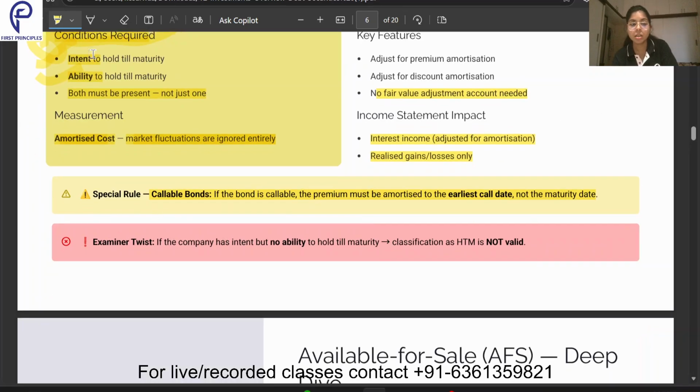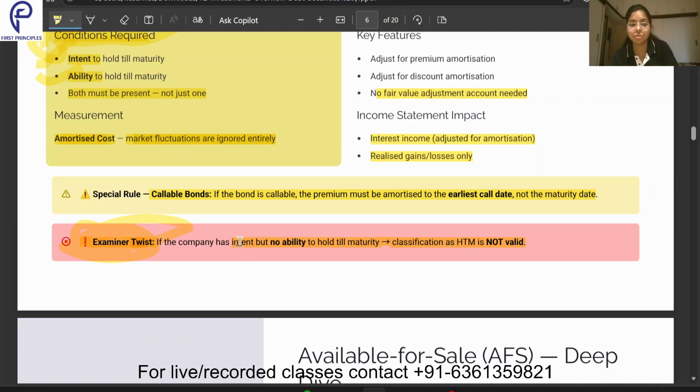Then one important examiner twist: if the company has intent but no ability to hold till maturity, classification as HTM is not valid. Why? Because to ensure a security is held till maturity, both conditions must be satisfied.